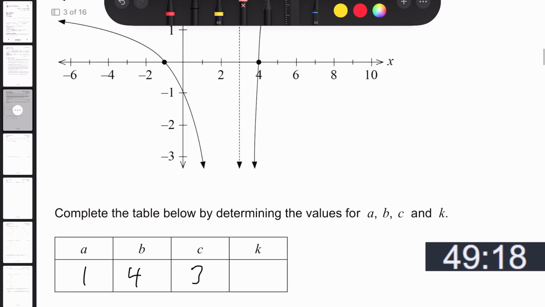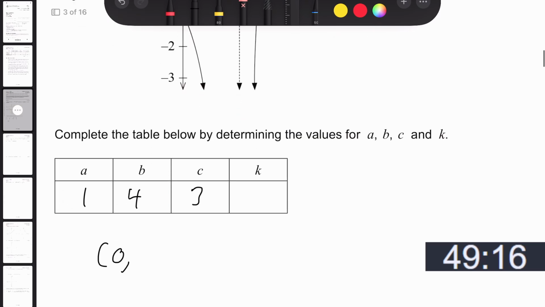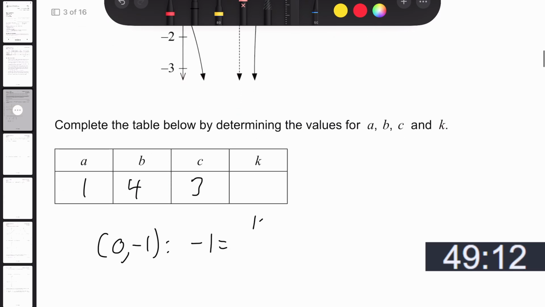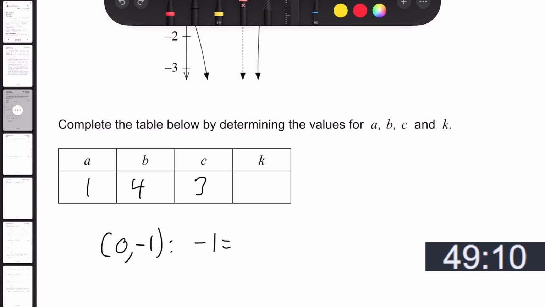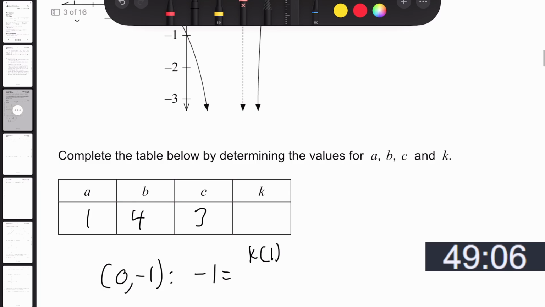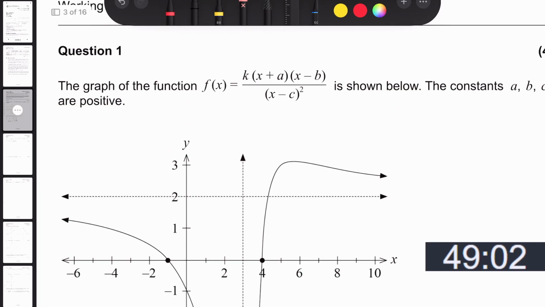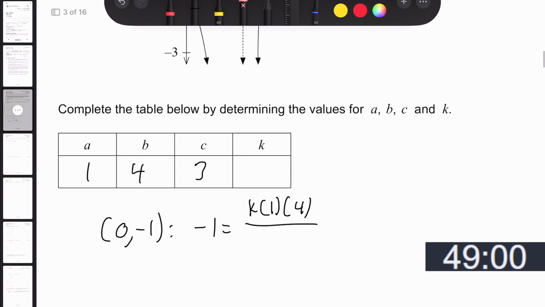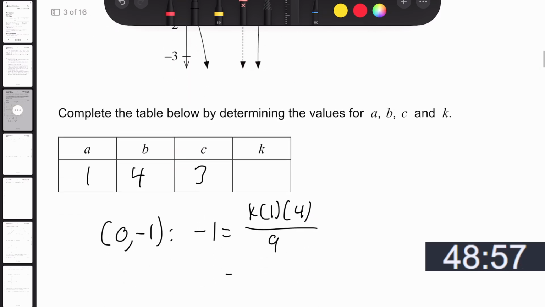And let's pick a point, let's pick (0, -1). So we have that -1 is going to be equal to K times (0 plus A, which is going to be 1) and then (0 minus 4) all over (0 minus C) squared, so that's going to be -3 squared, so 9.